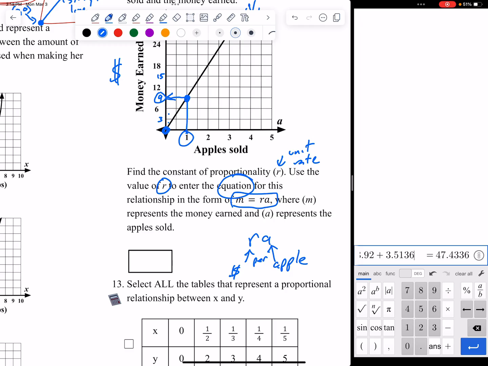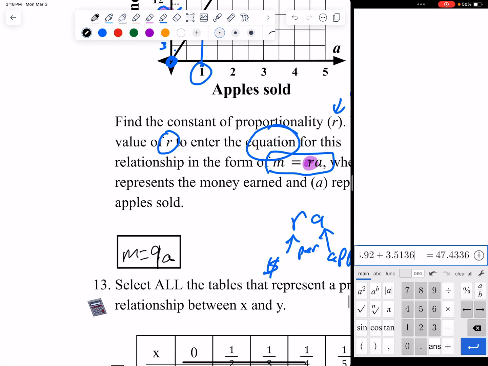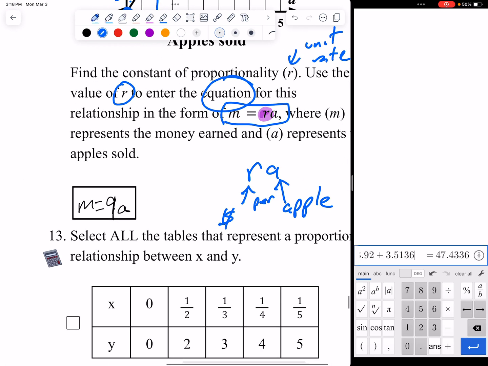So if that's 9, my R right here is 9. I'm going to just write it in and say M equals 9A. Ew, they look the same, huh? So there's my equation. And again, does it look like y equals rx?